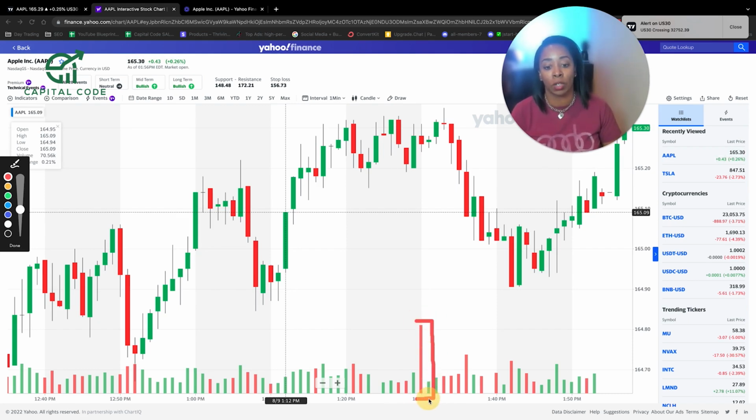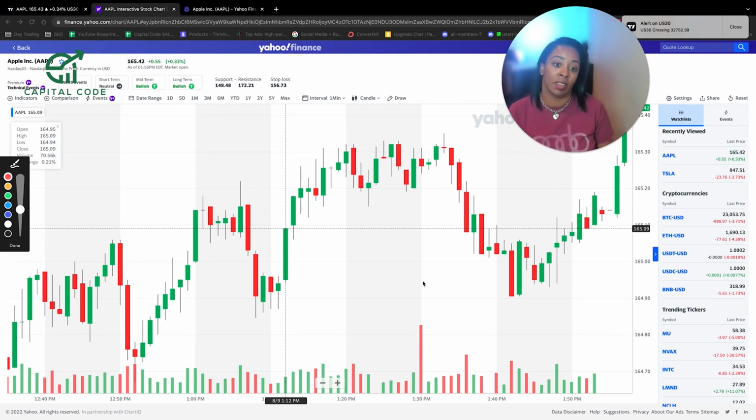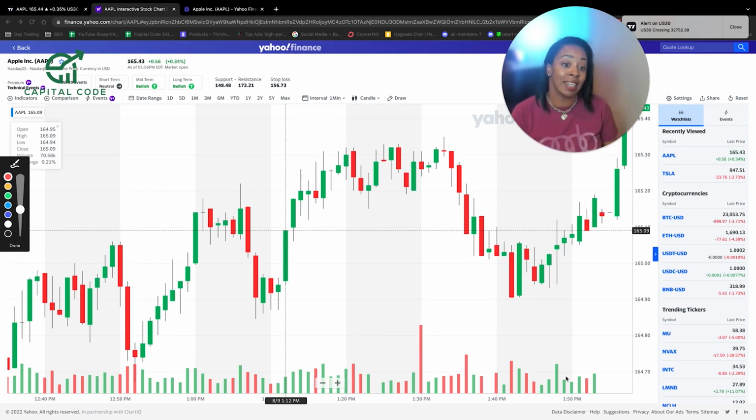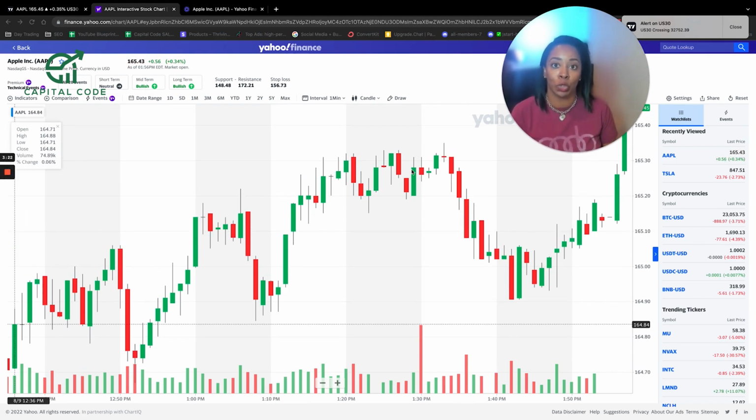It means there was way more selling than buying, but compared to the other candles around it, it was pretty extreme. So there were a lot of people selling in this minute, and a lot of times it gets reflected in the charts, but not 100%. So anyway, let's go over to TradingView.